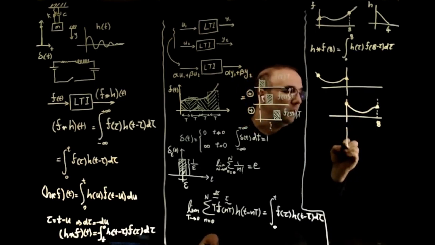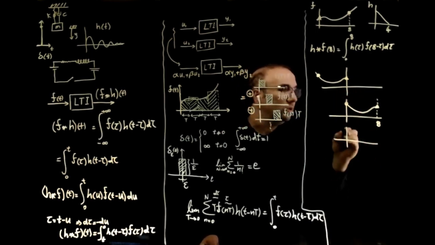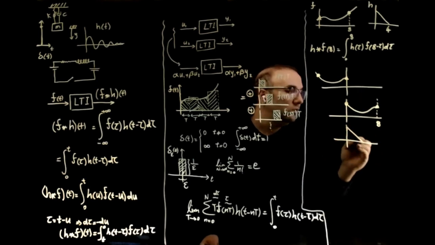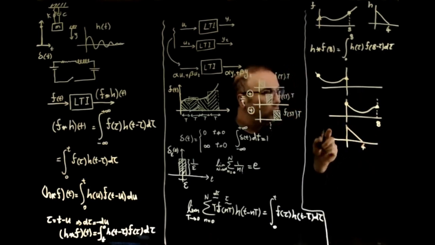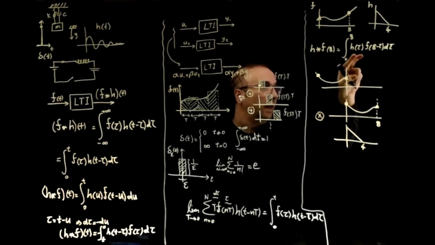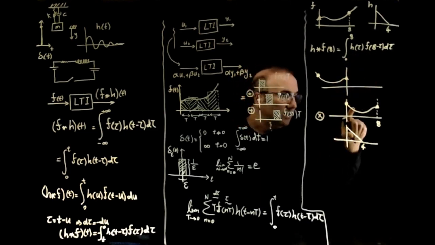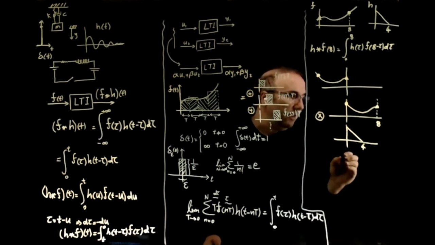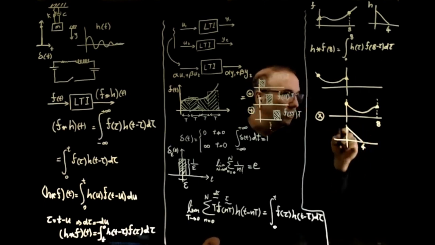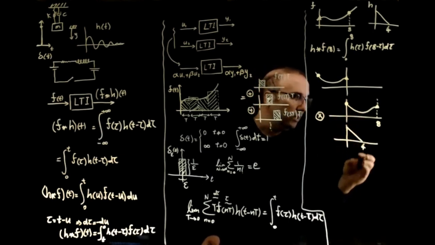And now I multiply that by h, which is a triangle, and it goes to 0 at 4. So I multiply these two, right? H of t multiplied by that, and then do the integration, the area underneath. So if I do the multiplication, at this point I would get 0. So it is going down.